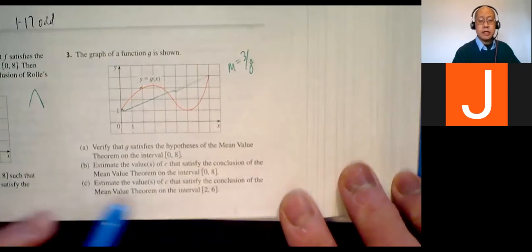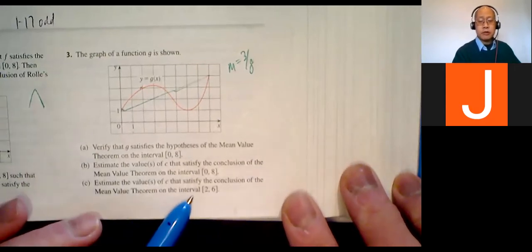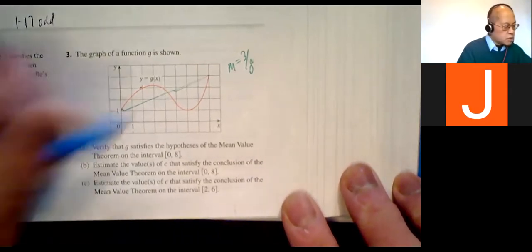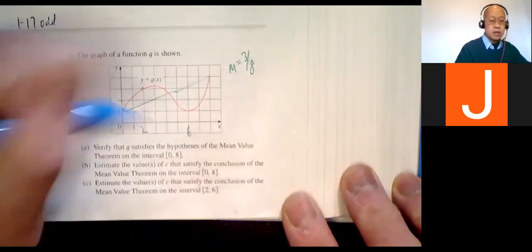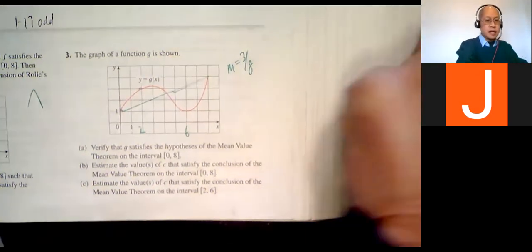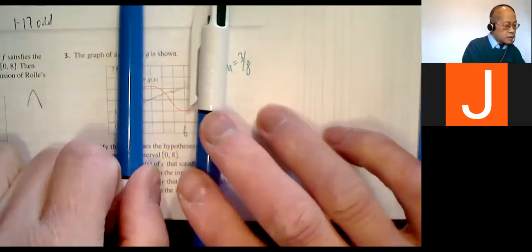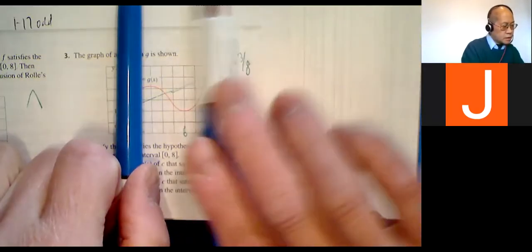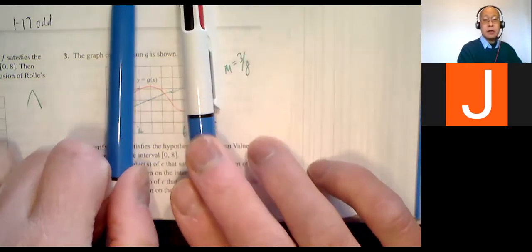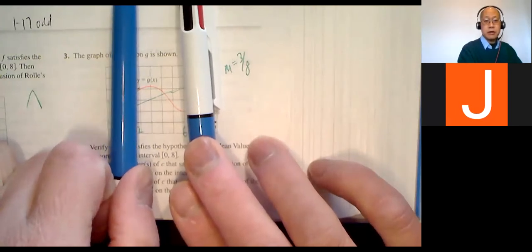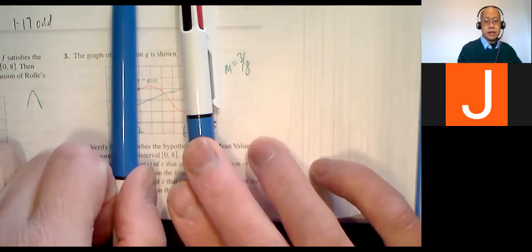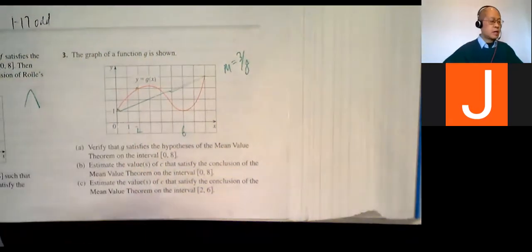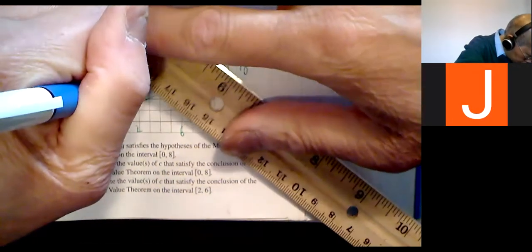All right, then part C, same thing, only from 2 to 6. So from 2 to 6, 3, 4, 5, 6. So the rest of the graph doesn't exist. Only look at this part. Okay, from 2 to 6. Again, let me go ahead and try to graph that from 2 to 6.